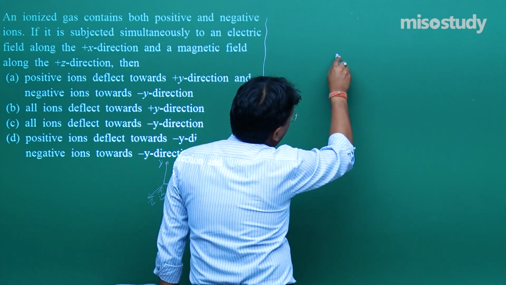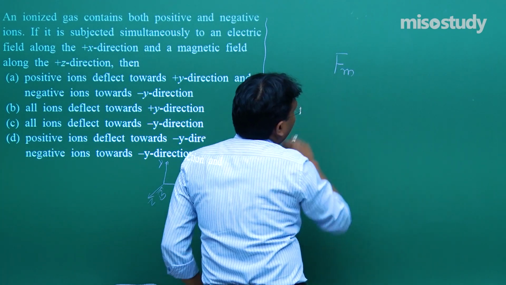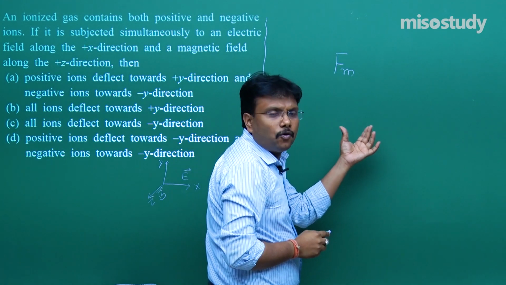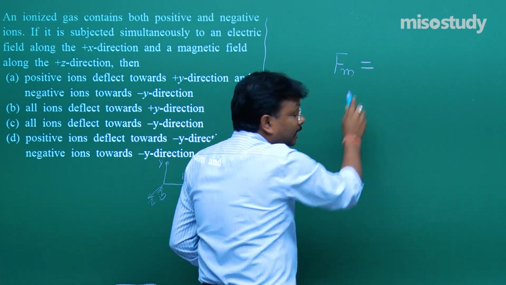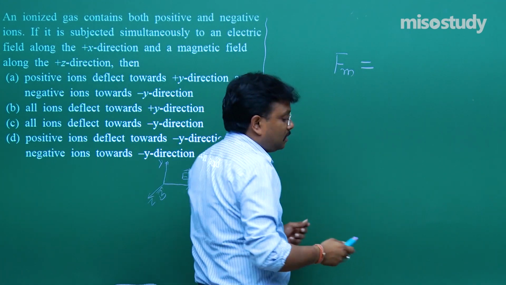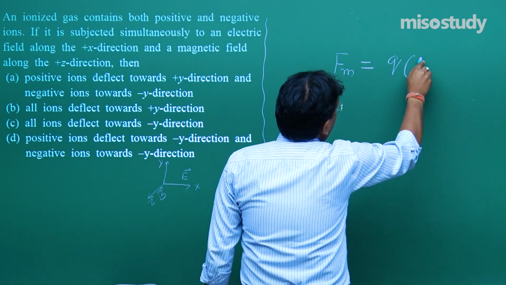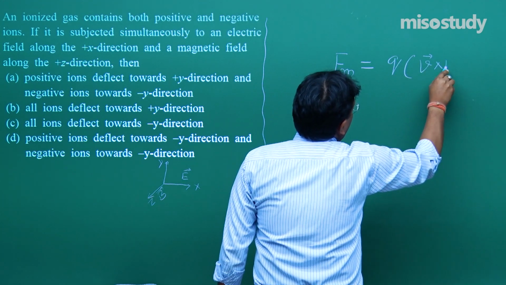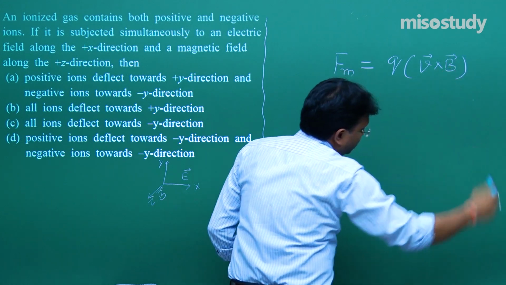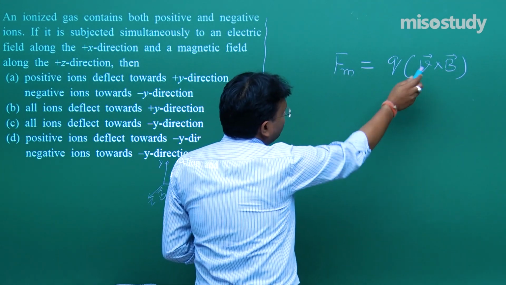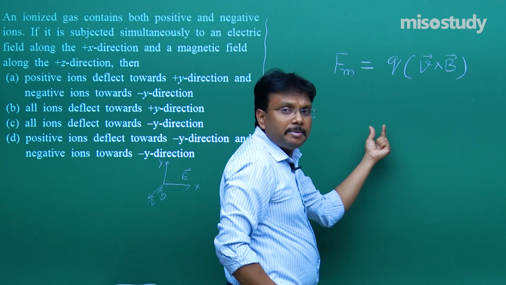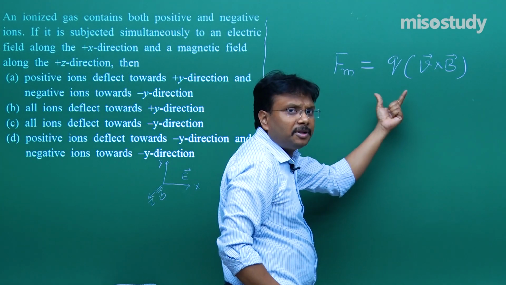So, from here you can say that the magnetic force F, and the formula for magnetic force is q v cross B. Now put the value of v, which I mentioned, a q E, something like that.